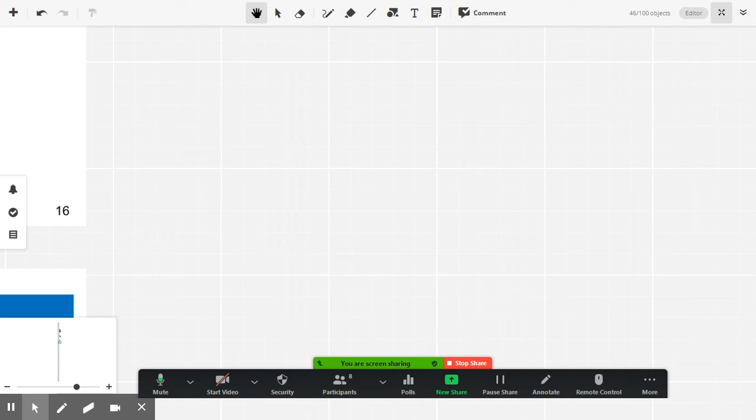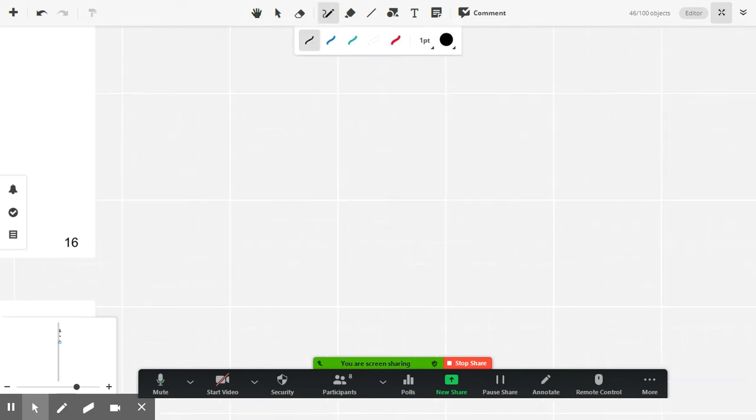So let's have 3x to the third minus 17x squared plus 15x minus 25 divided by x minus 5.